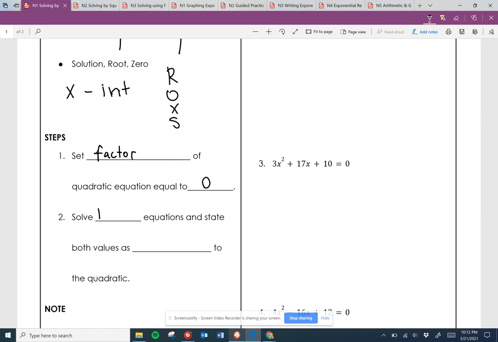You're going to solve both equations, and then you're going to state both values as solutions. And when we go ahead and state them as solutions, we are generally going to want to do that as ordered pairs.